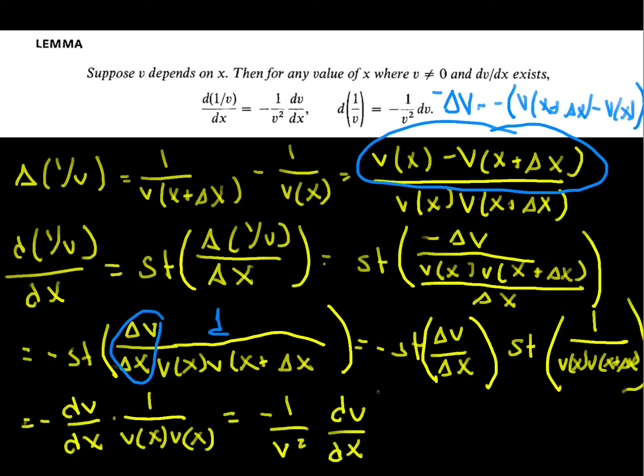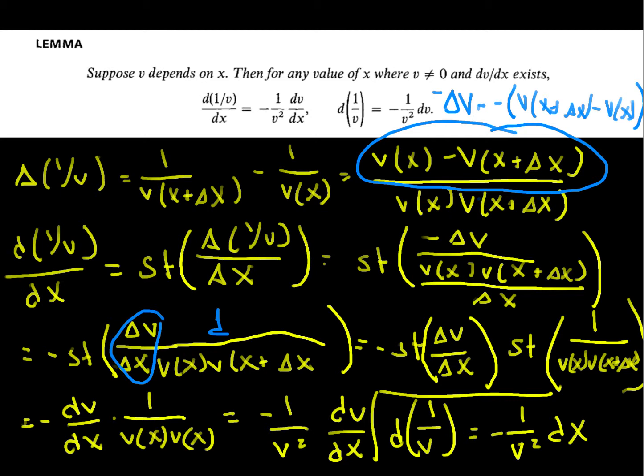Or in other words, we get that the differential of 1 over v is negative 1 over v squared dv.